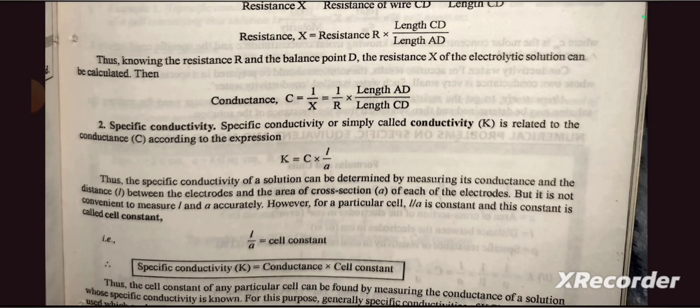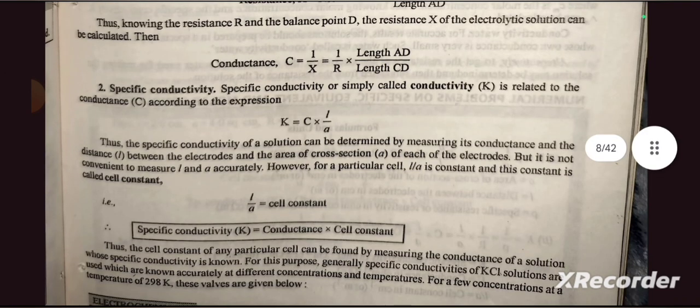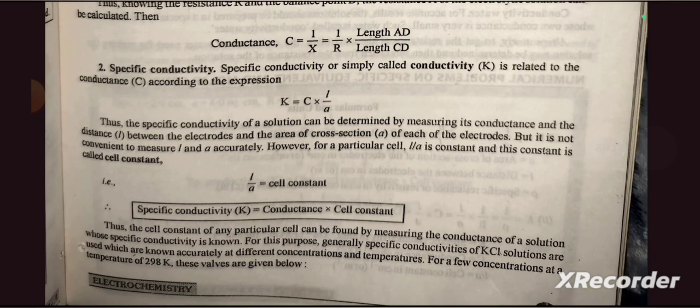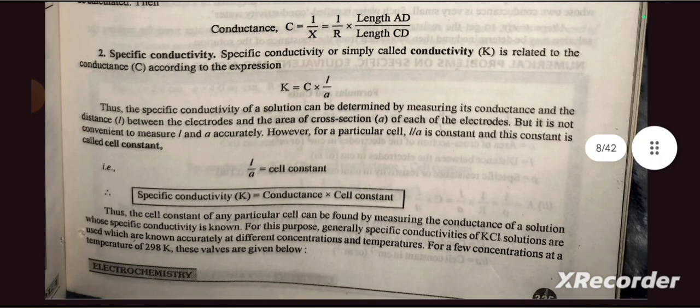Thus, knowing the resistance at the balance point D, the resistance X of the electrolytic solution can be calculated. Then, conductance C is equal to 1 by X, which is equal to 1 by R into length AD divided by length CD.